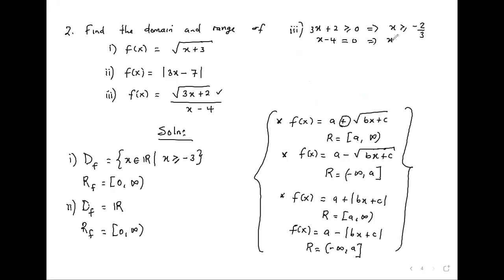So we get x is equal to 4. So we put together those two, say the domain of f is x, a real number, but we make sure that x is not 4. And again, x must be greater or equal to negative 2 over 3. So you put all the restrictions that you have accumulated, you put them together.